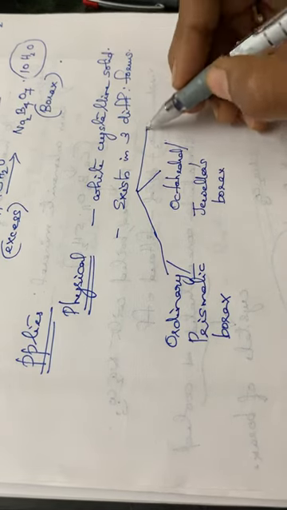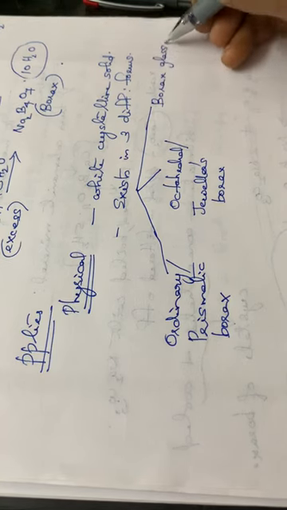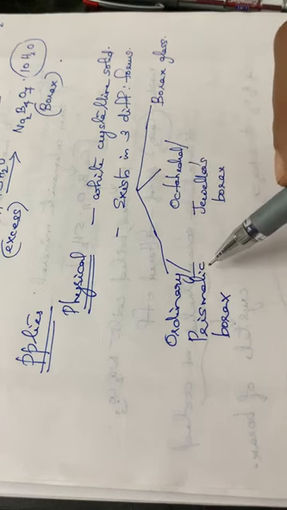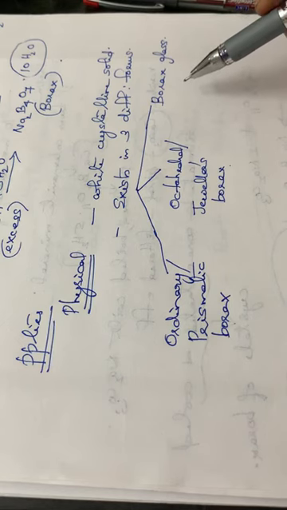And the third one is the borax glass, that is the anhydrous form. So three forms are there: ordinary or prismatic borax, octahedral or jeweller's borax, and borax glass.